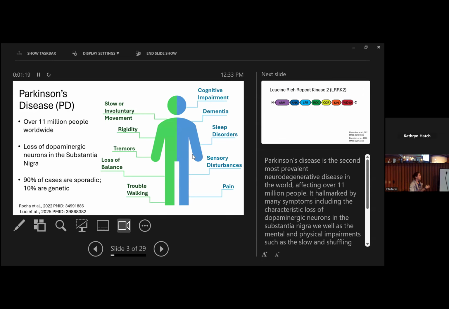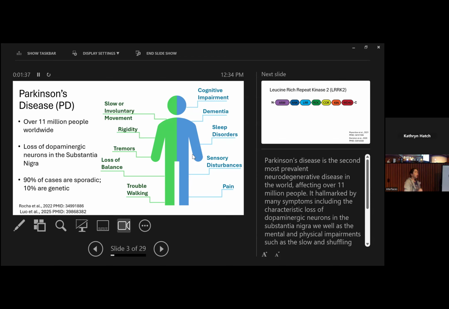But so to get started, Parkinson's disease is actually the second most prevalent neurodegenerative disease worldwide, right after Alzheimer's. It affects around 11 million people worldwide. Last time there was a survey, the most recent numbers.